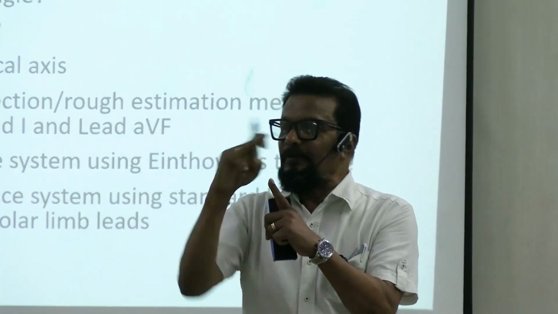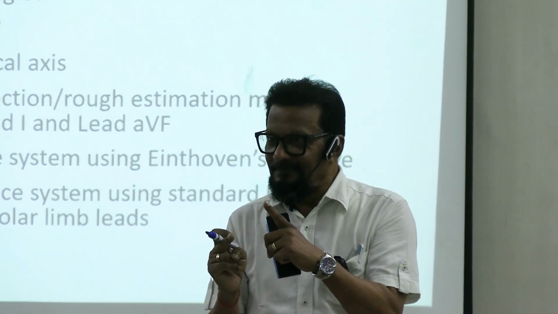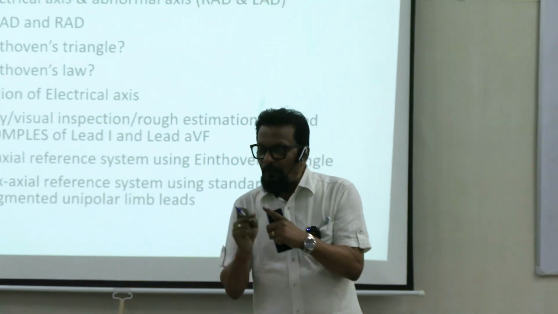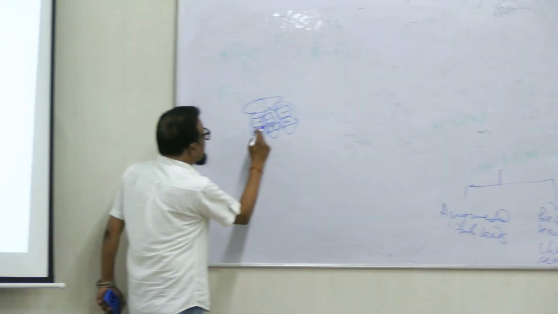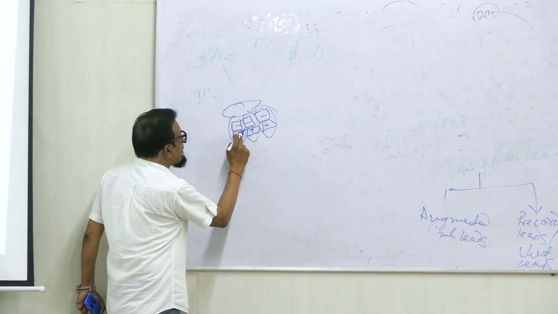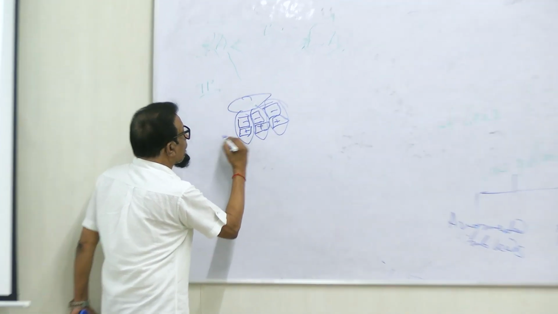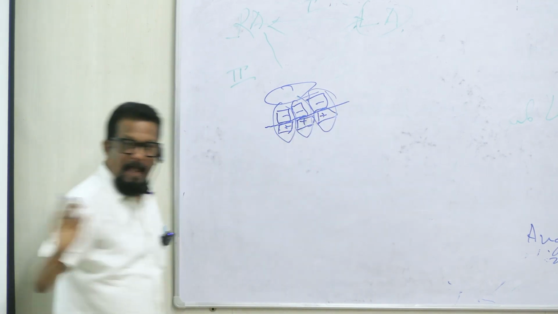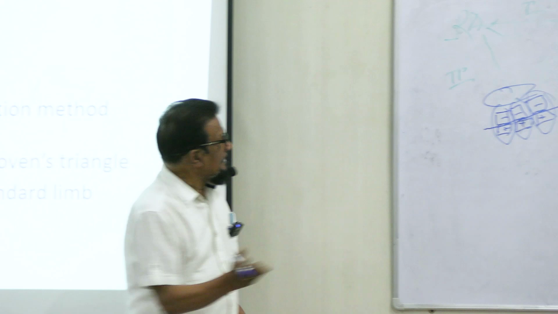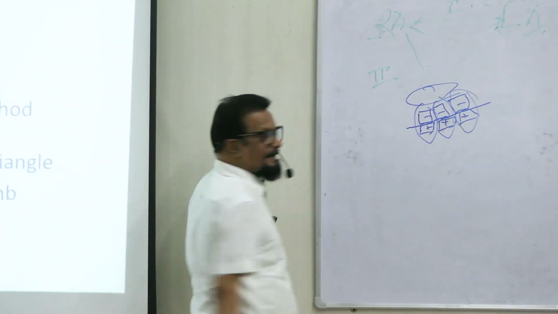So these are dipoles, small dipoles. When there is a dipole, there will be flow of current. Because of this, they will be depolarizing the neighboring cells. Now we can draw a line, hypothetically. At one side, it is negatively charged.